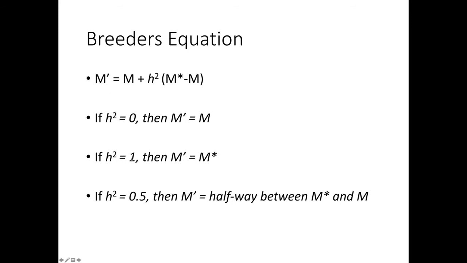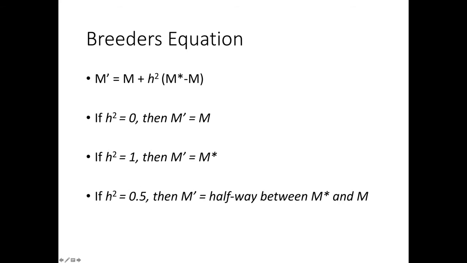Now, if little h squared is 1, let's see what happens. We have M, and then 1 is right here, and then M prime minus M, that's the difference in the means. That means that the entire difference of the mean, because you're multiplying by 1, gets added to the original mean, and so M prime ends up being equal to M star, because that difference is the difference between M star and M. So if little h squared is equal to 1, meaning heritability is 1, then M prime, the progeny mean, is equal to M star, the selected mean.